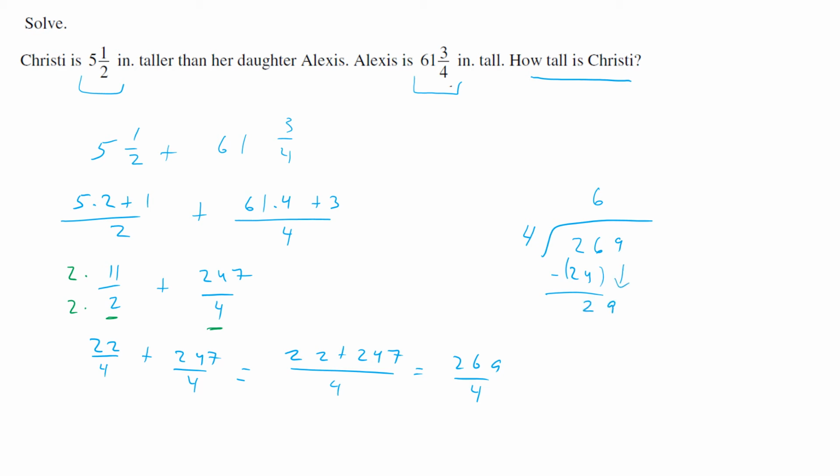Bring down the next number, 9. 4 goes into 29 7 times. 7 times 4 gives me 28. Subtract with a remainder of 1. Our whole number is what we have left there, our remainder of 1, and then over the original divisor. So Christy is 67 and 1/4 inches tall.